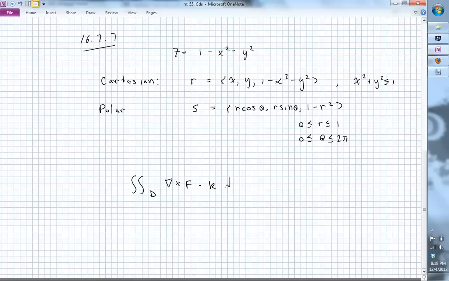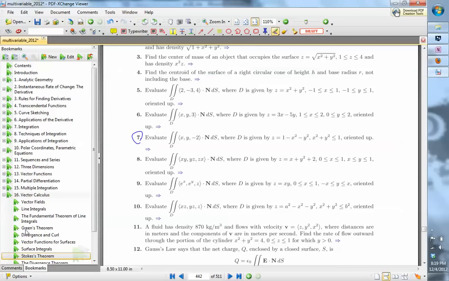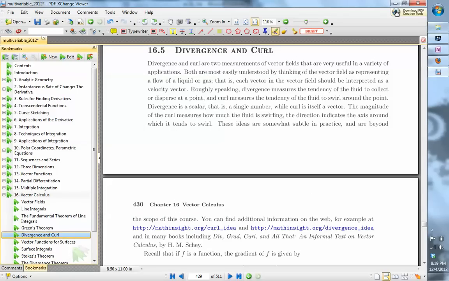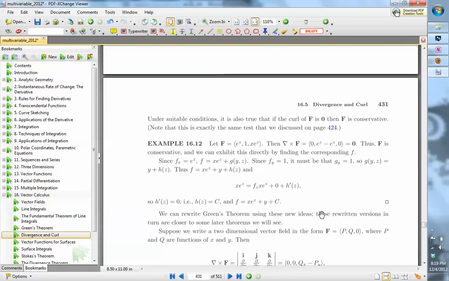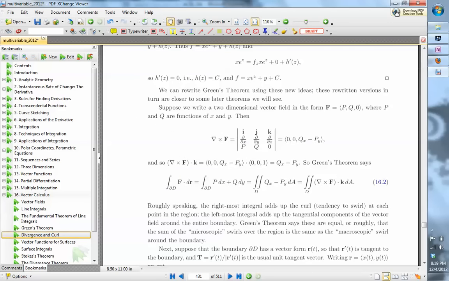You were probably in the divergence and curl section. So if you go back to the divergence and curl section here, they introduced the divergence and the curl notation, and then they used that notation to rewrite Green's theorem.